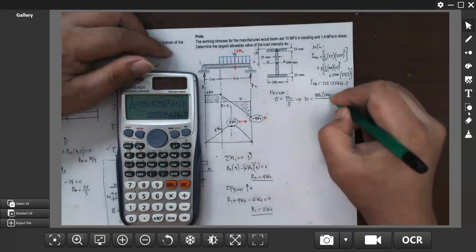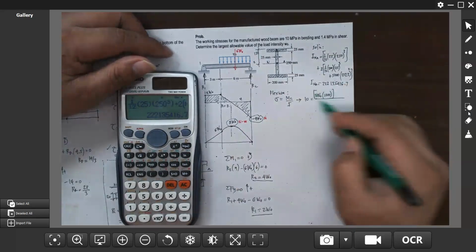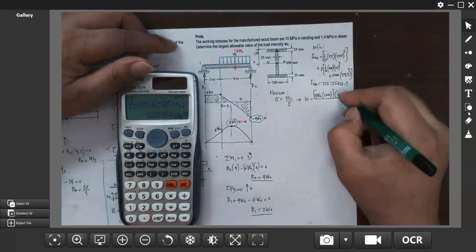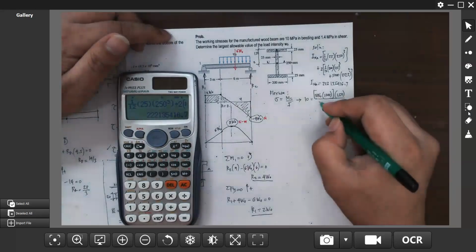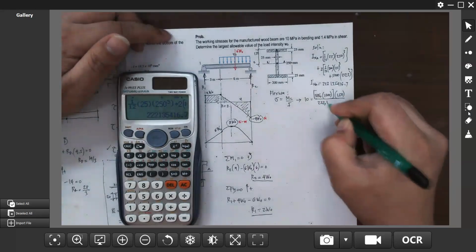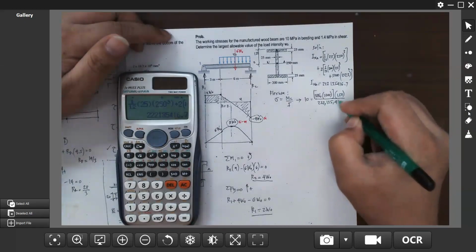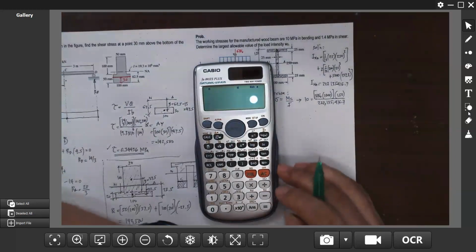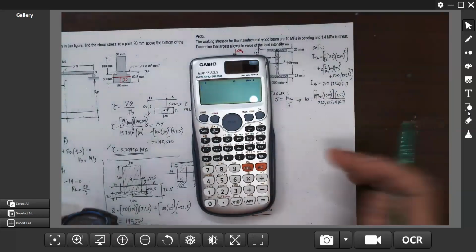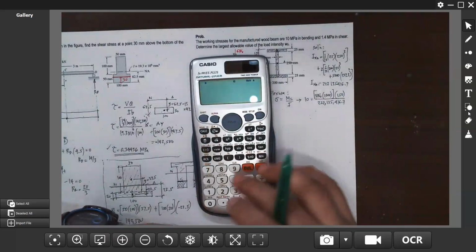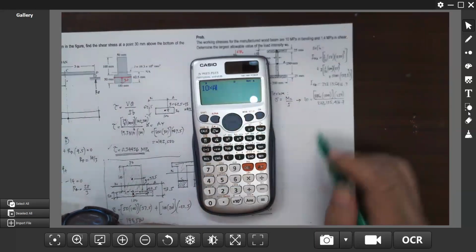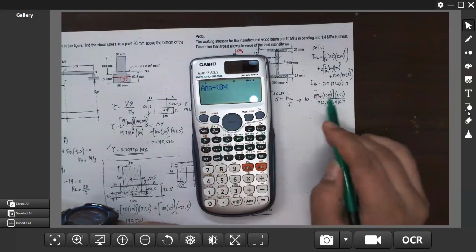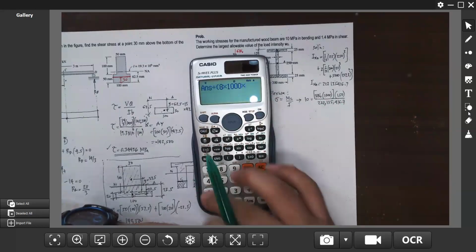C is 150, divided by 222,135,416.7. Let's store this one to A. To solve for W, 10 times A, divided by 8 times 1,000 times 150.